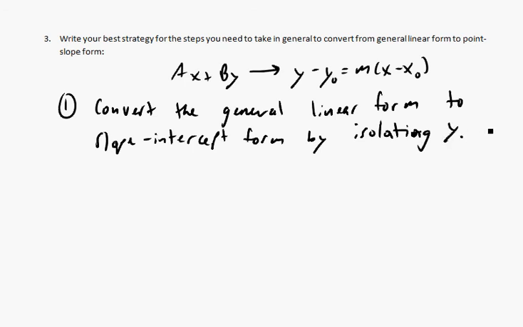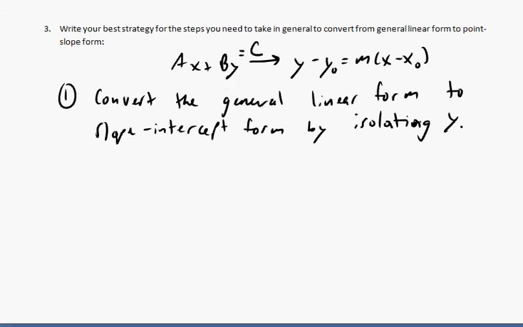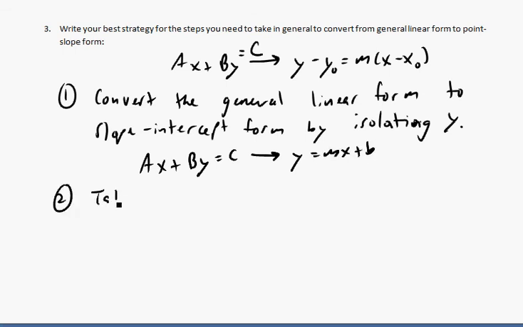So we would take the equation, oh I'm sorry, I forgot to put the equals c here. You would take the equation ax plus by equals c, and you would isolate this y and put it into slope-intercept form. Once you have taken the general linear form and written that in slope-intercept form, you should take note of the slope and y-intercept.